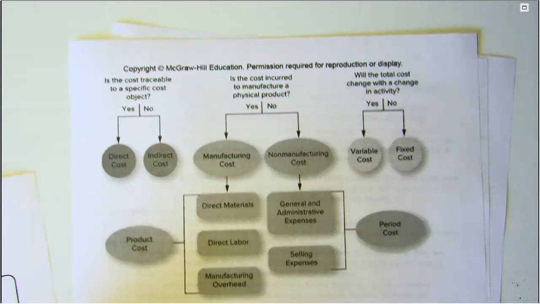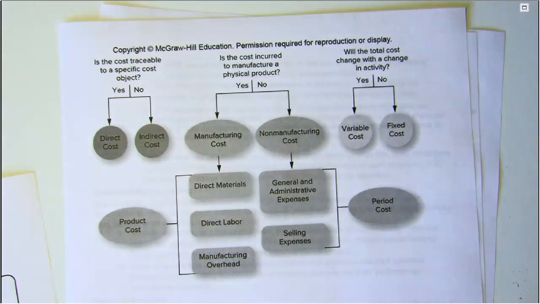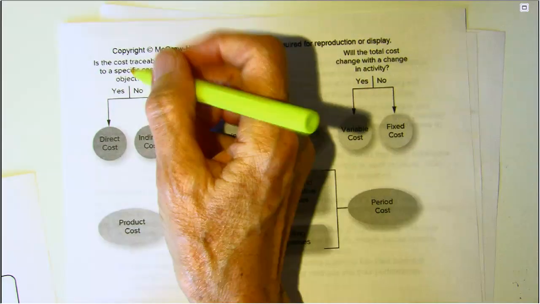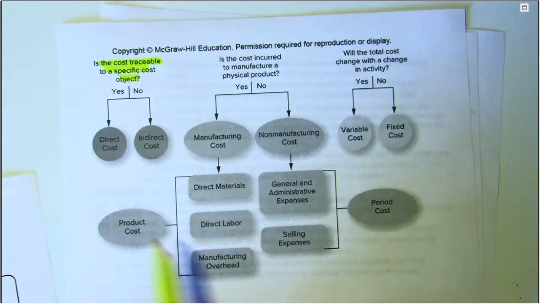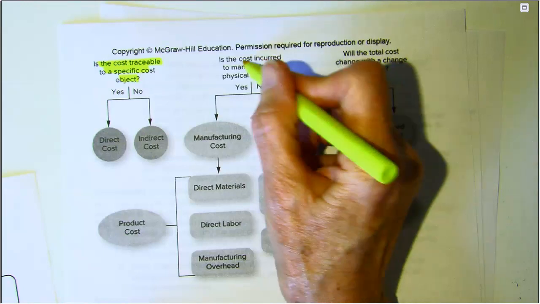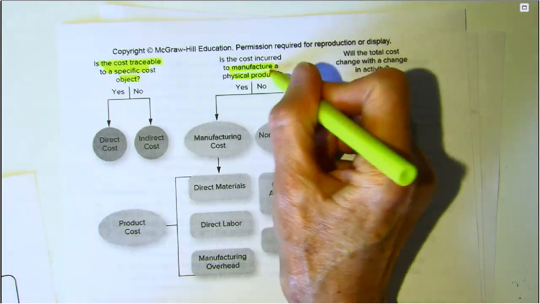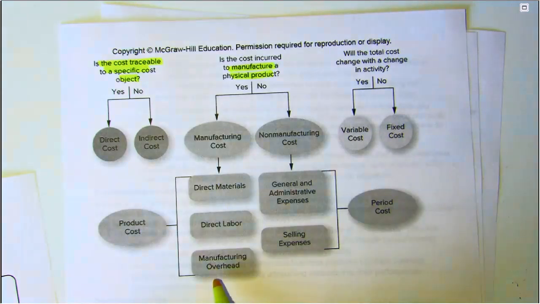This is one more page from the textbook. I just want to point this out. Again, a really helpful handout for the different cost categories. One category here is cost traceable, and that helps you decide direct or indirect. Is the cost incurred to manufacture a product? If so, then it's a manufacturing cost and has to fall in one of those three categories.